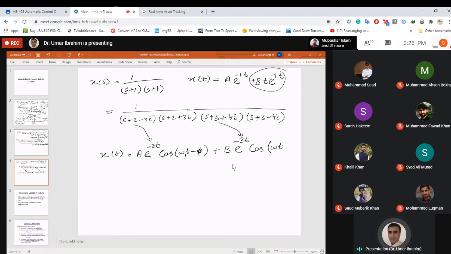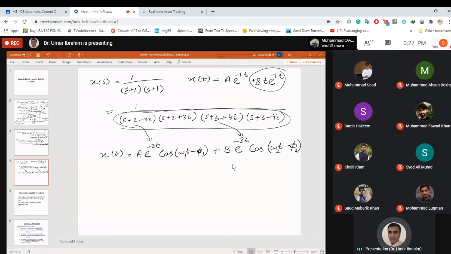In this case, this is omega 1 t, this is omega 2 t, minus phi 2. This is phi 1. So this would be the response of a fourth order system with two sets of complex conjugate pairs, but both the complex conjugate pairs are distinct. So these four poles are complex and distinct. Okay? No two poles are identical.